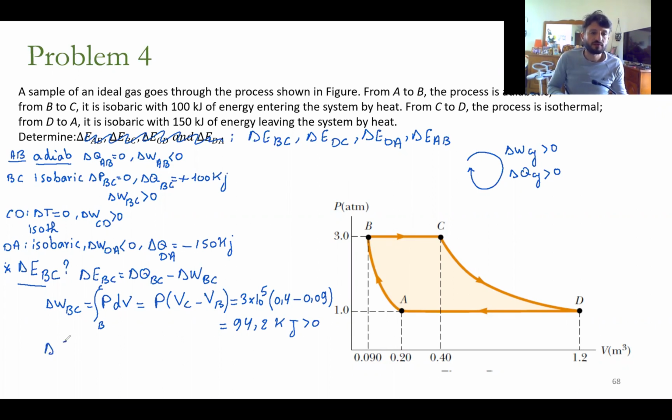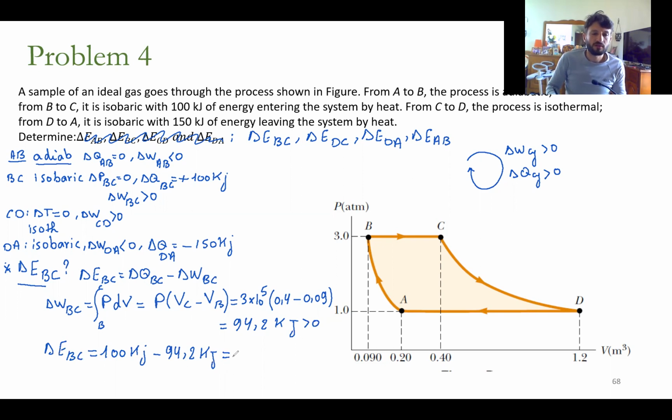So to calculate, delta E BC equals delta Q minus delta W. Delta Q equals 100 kilojoules and delta W is positive, 94.2 kilojoules.